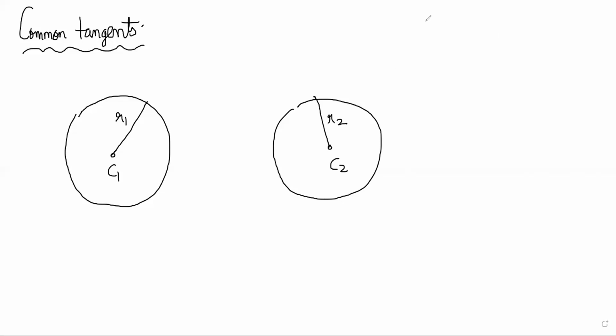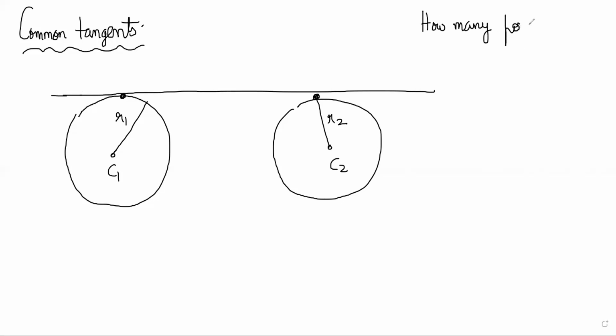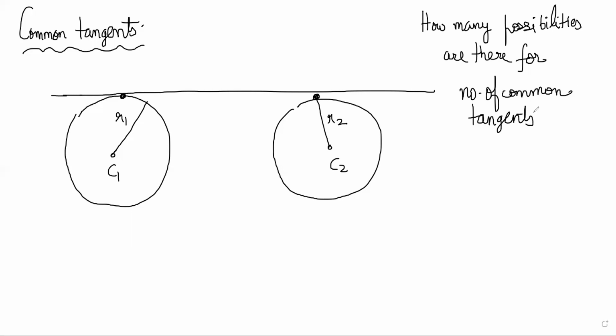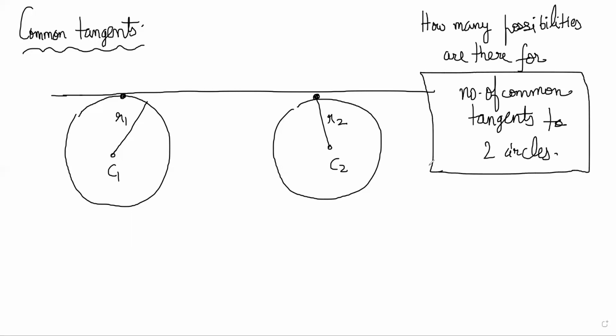Now tell me how many different possibilities there are for the number of common tangents, which are tangents to both circles, and under what conditions there will be that many.